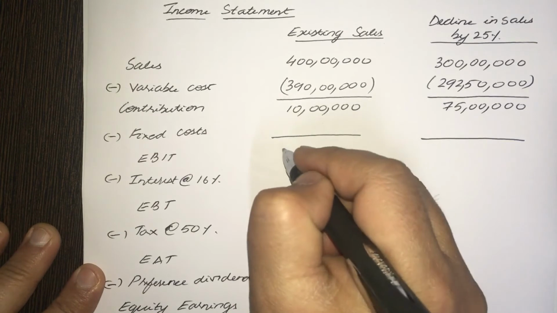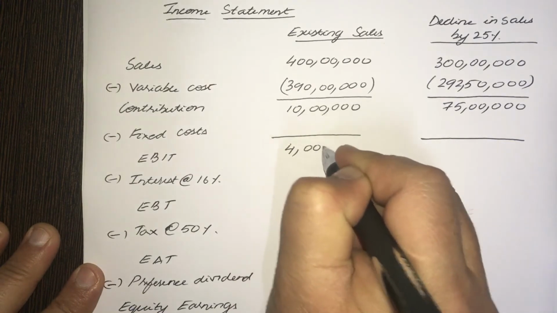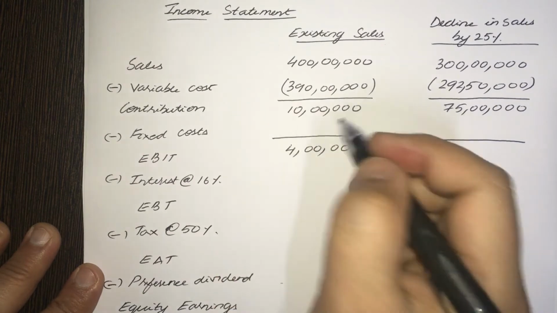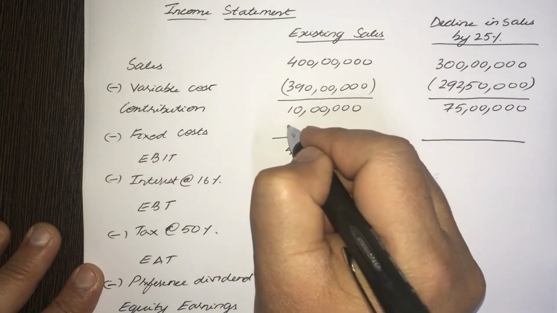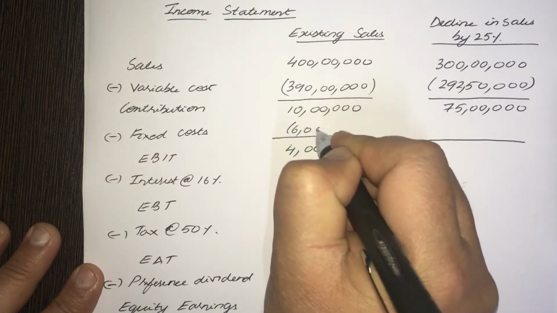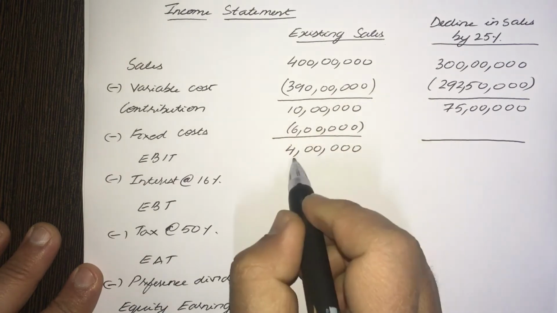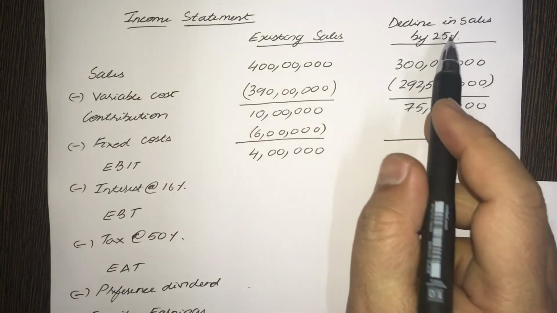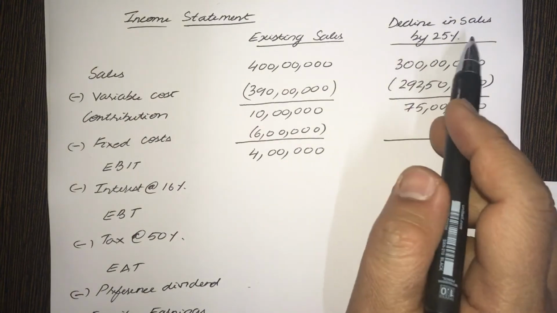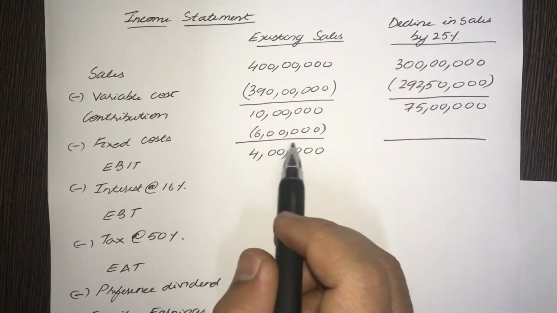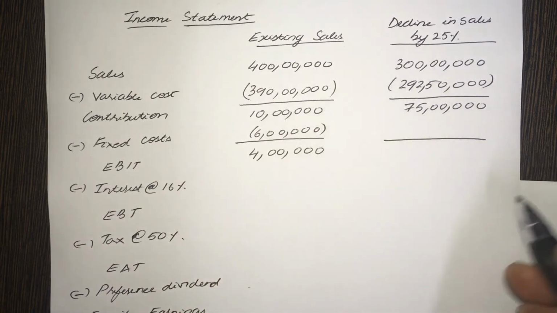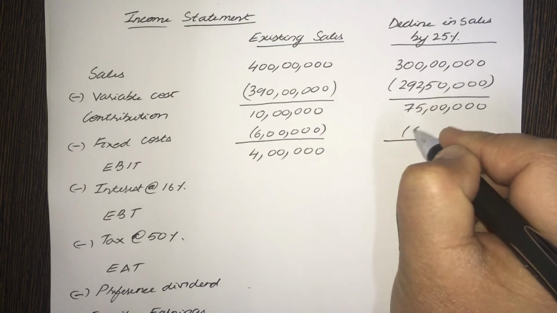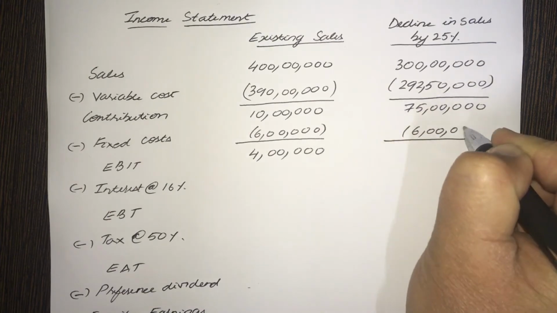So we found out EBIT is 4 lakhs. If EBIT is 4 lakhs, then fixed costs will be 6 lakhs, because 10 lakhs minus 6 lakhs gives 4 lakhs. Fixed operating costs always remain the same irrespective of an increase or decline in sales, so here it will also be 6 lakhs.